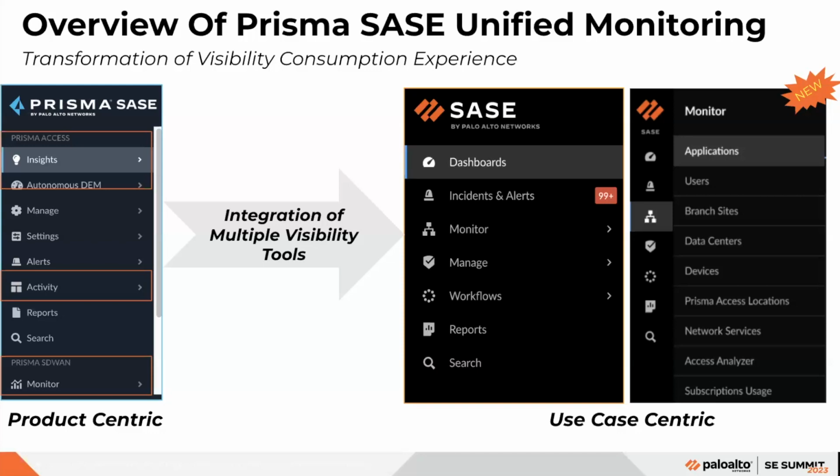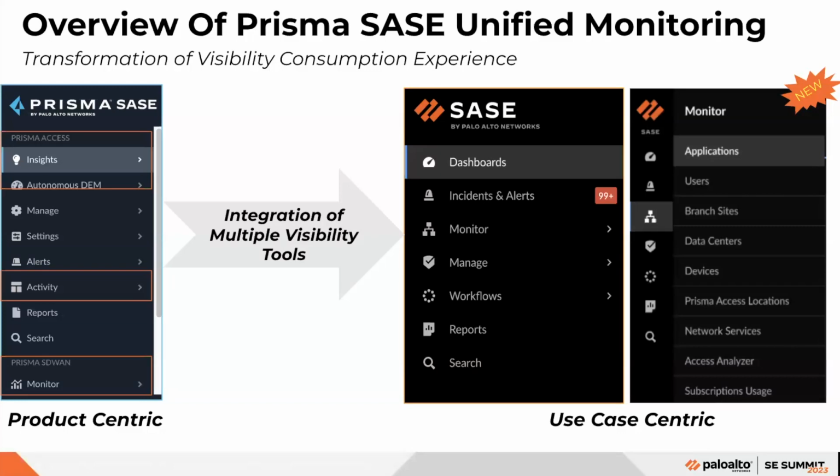Subscriptions usage is where we show you the consumption of the mobile users license, the bandwidth license that you have for the remote sites, and the service connections that you have licensed. Typically in a package, if you have the enterprise license or the ZTNA license, for a local edition you get 2 service connections, and for a global edition, you get 5.